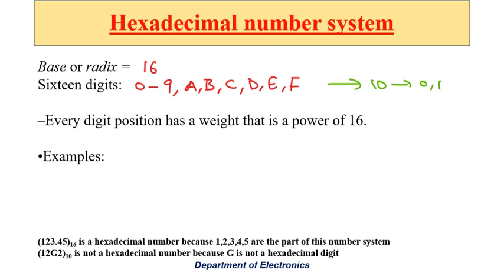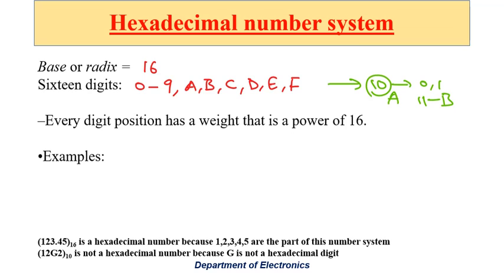So it is not a distinct digit. So to make it a distinct digit or a different symbol, instead of 10, it uses A. Instead of 11, it uses B. So that's the reason why we included A to F alphabets in this number system.